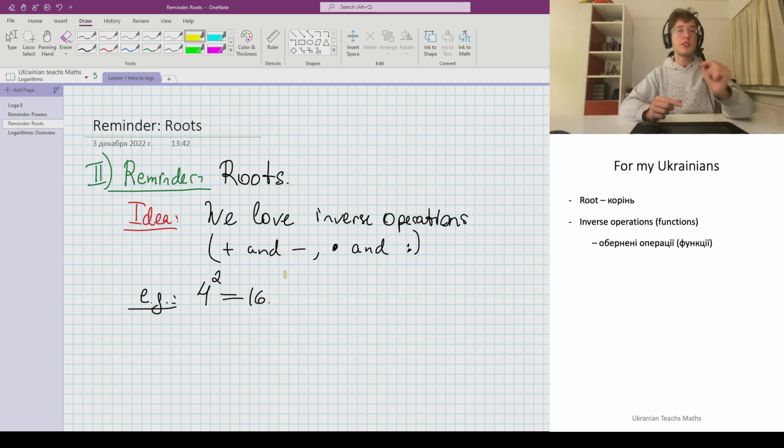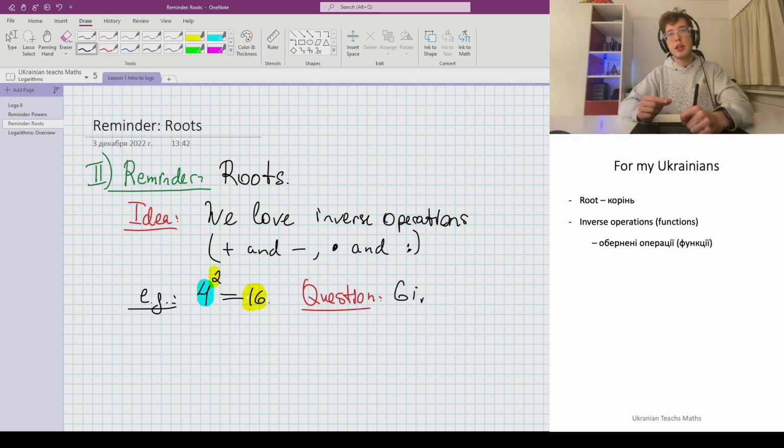But now I'm going to inverse the problem. What would happen if I were to give you the index and the result in advance, and I would ask you about the number on the bottom, the base number of a power? So now I ask the following question.